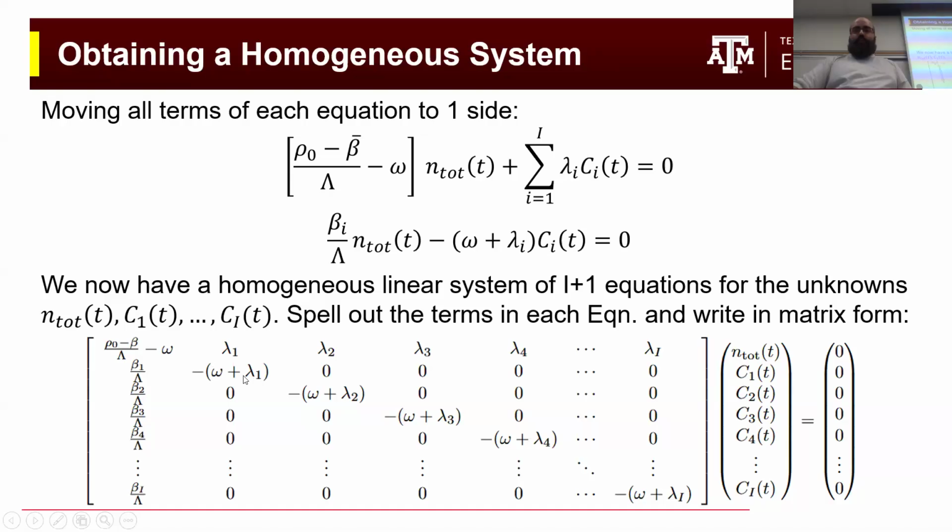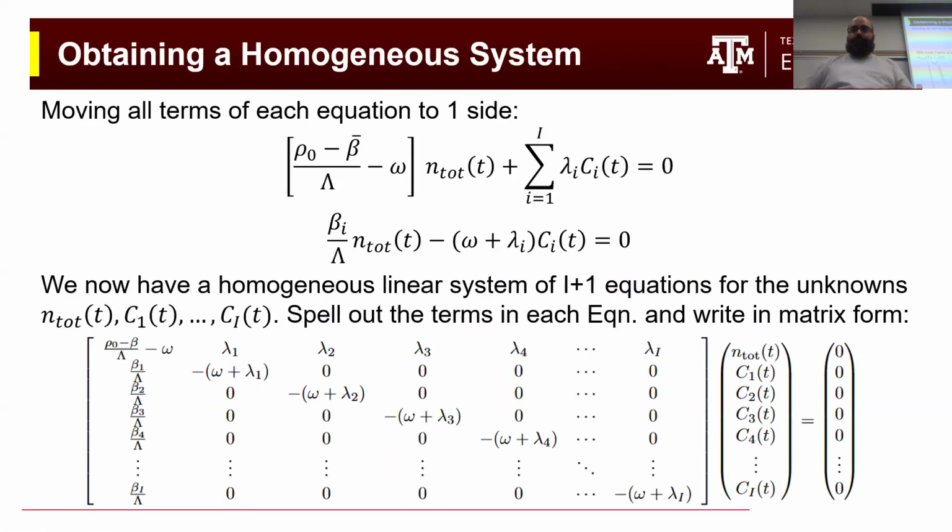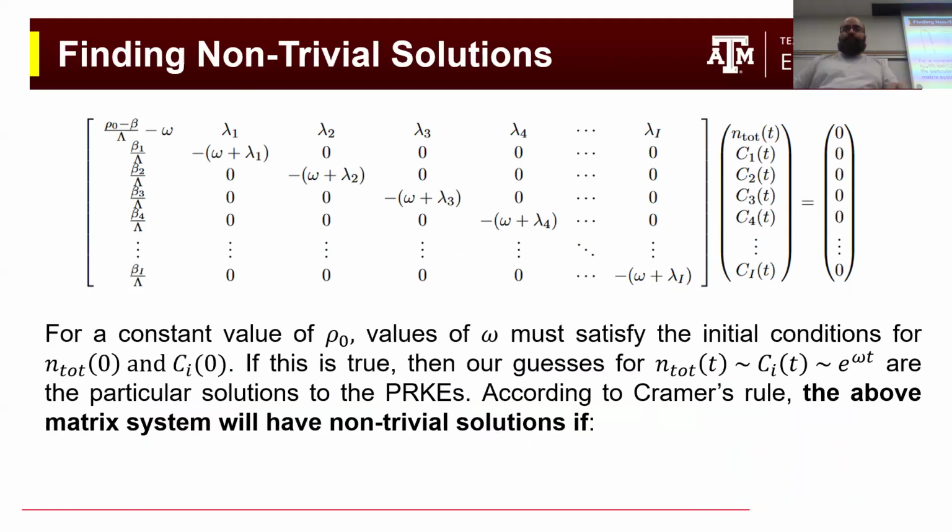So down the diagonal, it looks just like what I had before, except I'm subtracting off an omega term. So this is the matrix form.